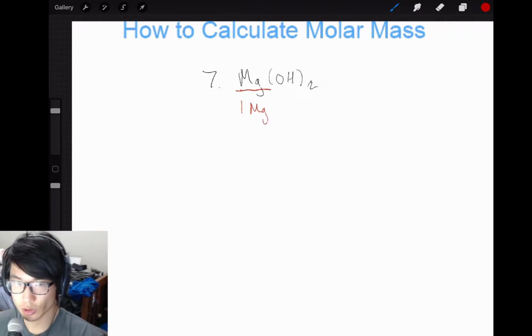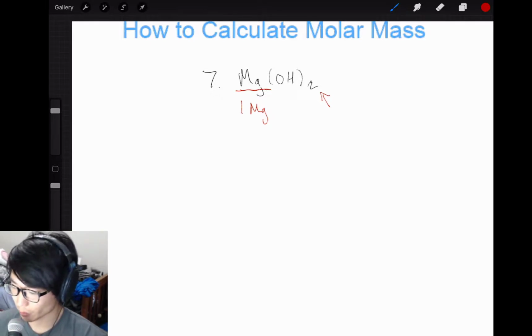And then I see this 2 right here, but it's on the outside of the parentheses. That means I have 2 of everything inside the parentheses. So what this whole chunk actually means is that we have an OH plus an OH.